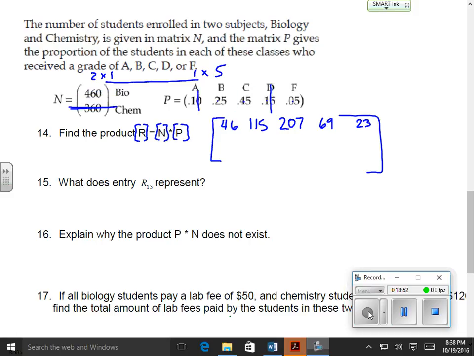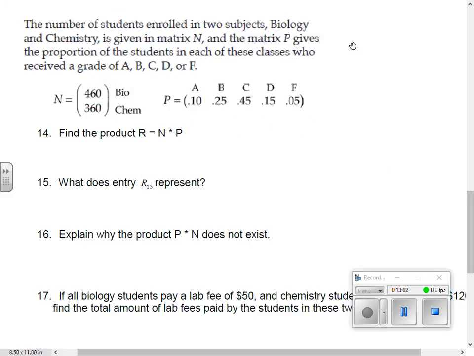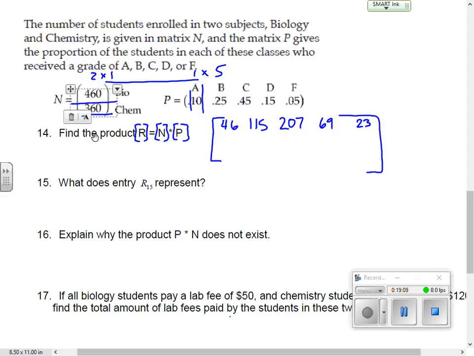We start over at 0.10. 360 times 0.10 is 36. 360 times 0.25 is 90. 360 times 0.45 is 162.